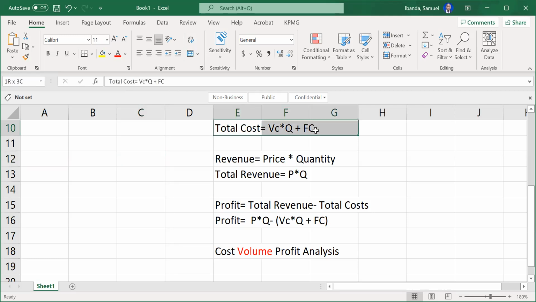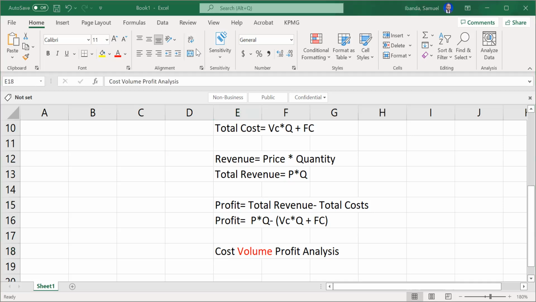And similarly here, based on how this is structured, the higher the quantity, the higher the profit. So CVP tries to analyze how cost varies with volume, and how profit varies with volume.